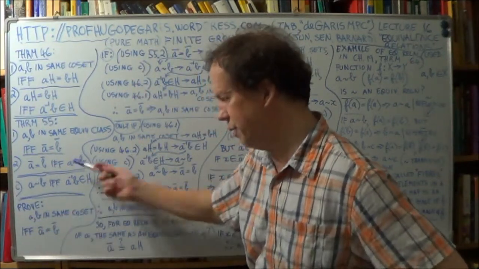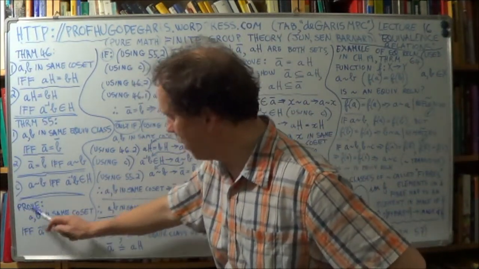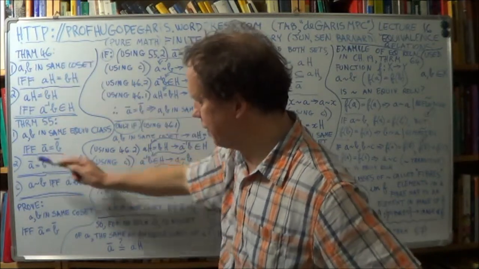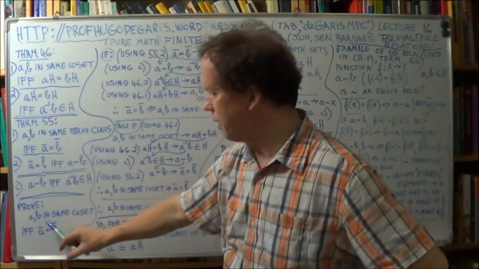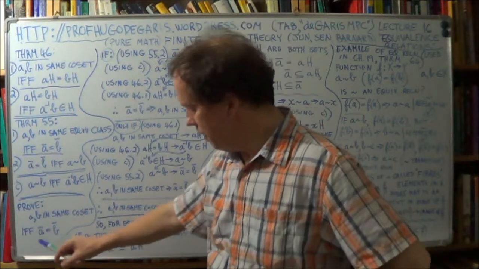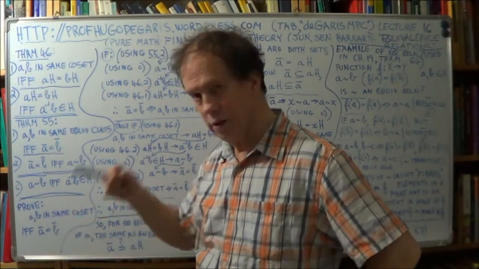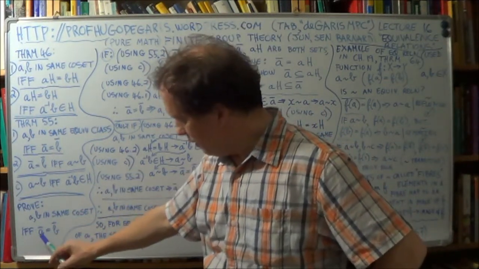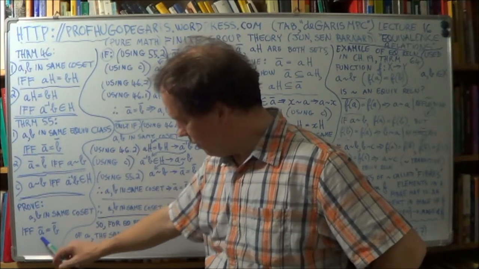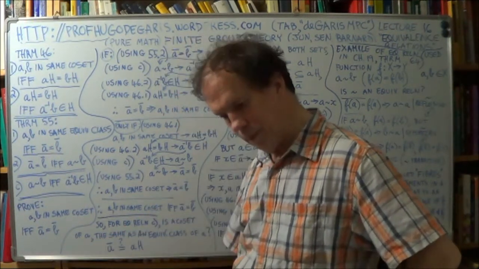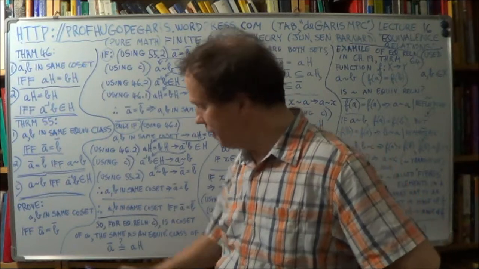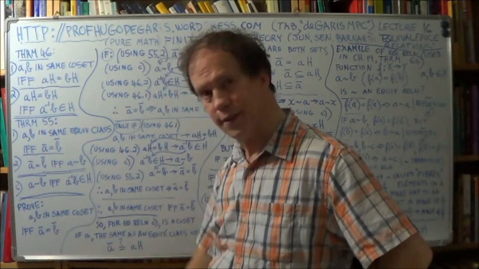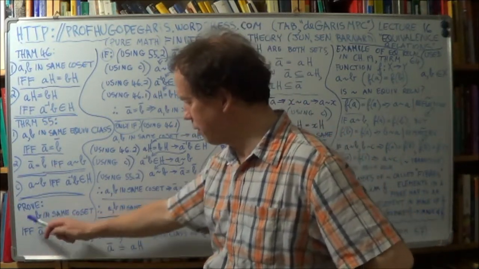Well, they're not labeled theorems, but results. One of them is, given all this, two elements A and B are in the same coset if and only if the two equivalence classes of A and B are in fact the same. So that's one result we'll prove.